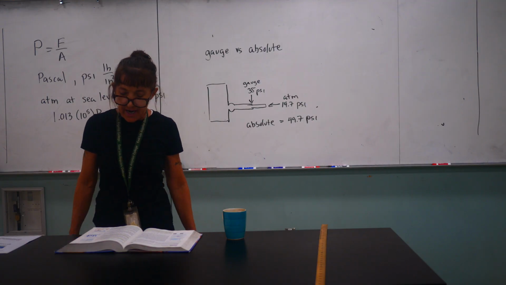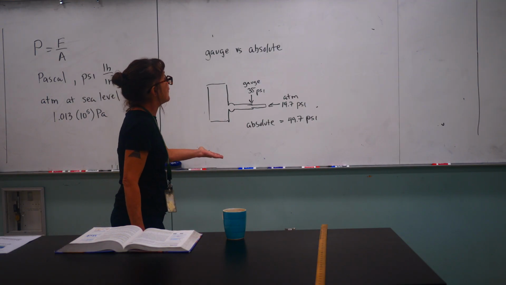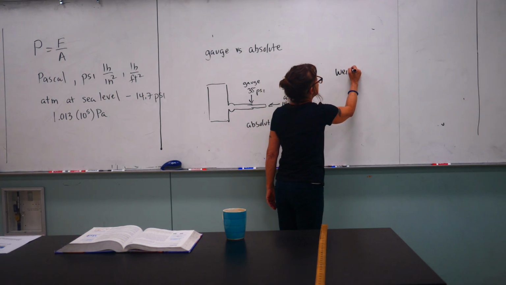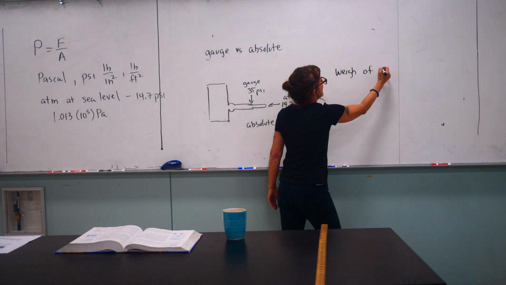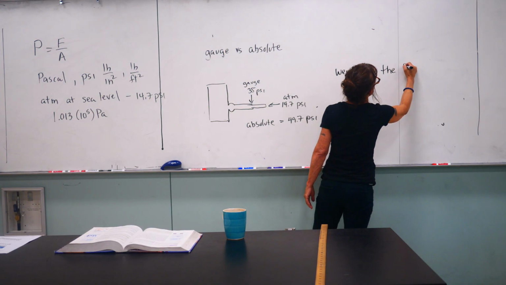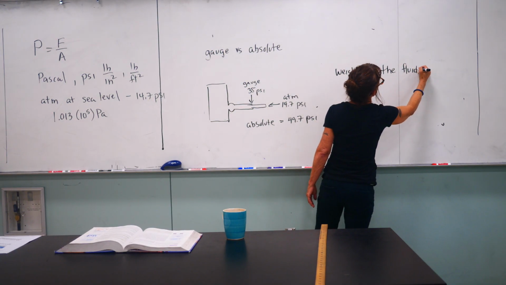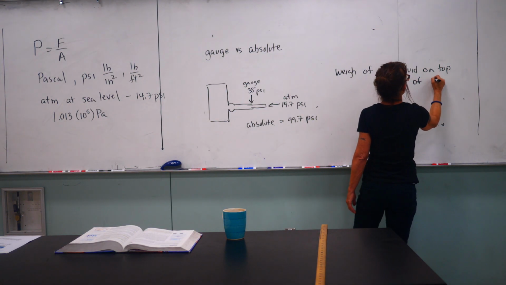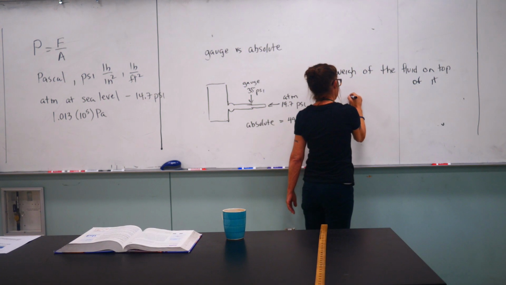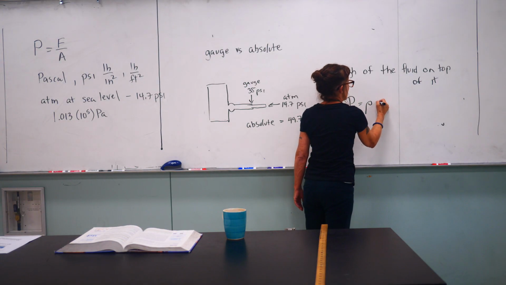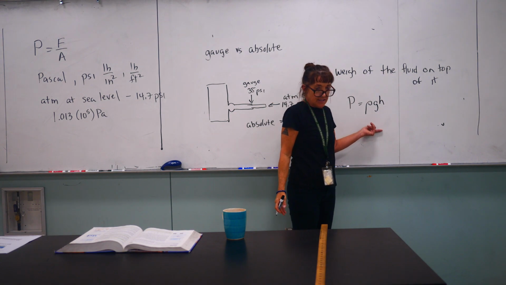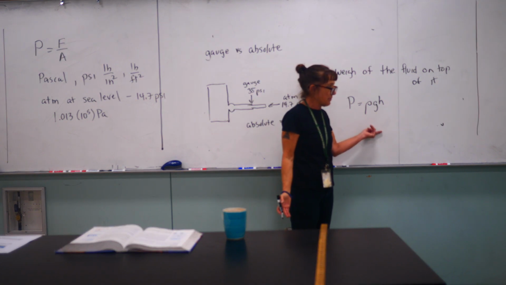The pressure at the bottom of a fluid is equal to the weight of the fluid on top of it. And that would be P equals rho g h. So let's say you want to get the pressure in a swimming pool.